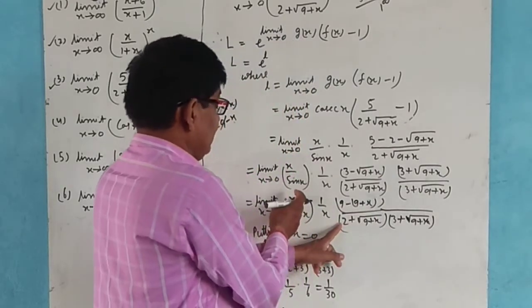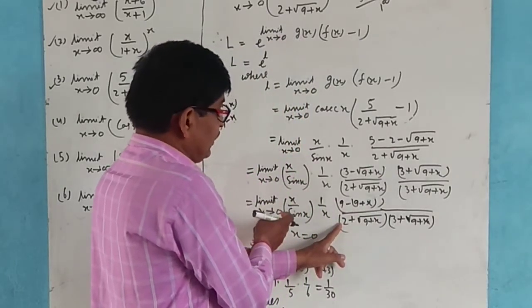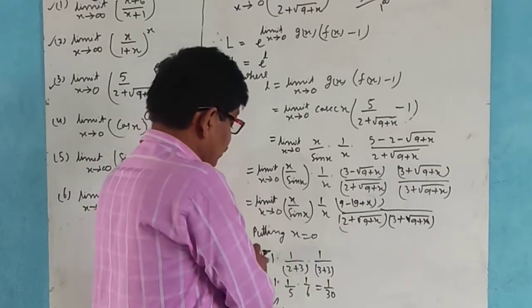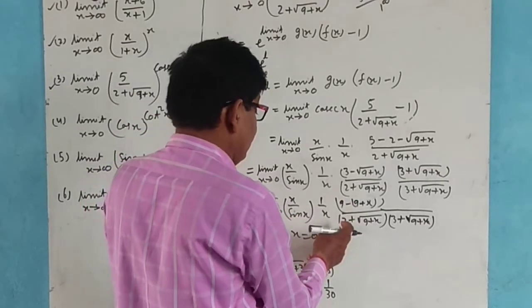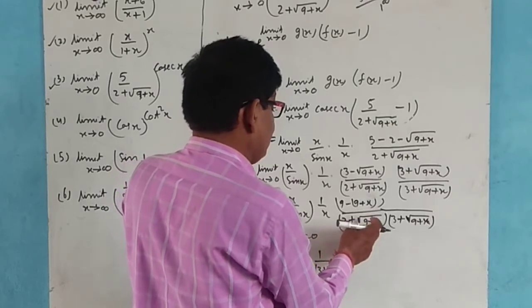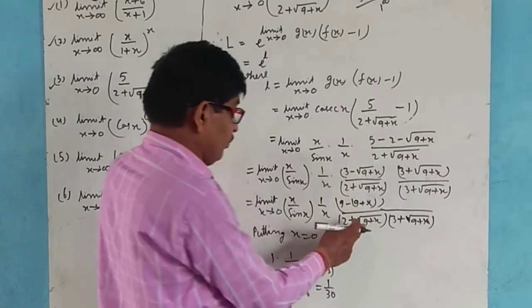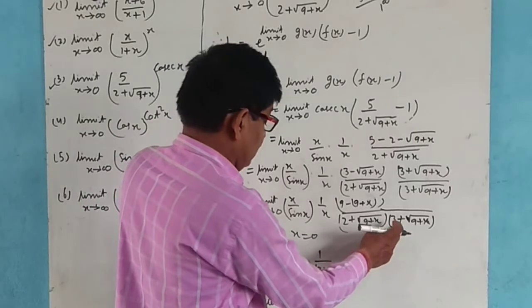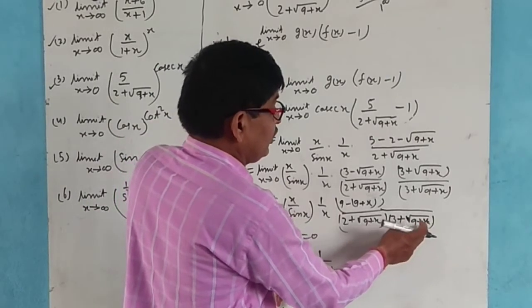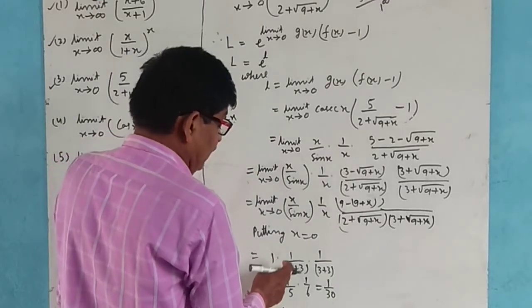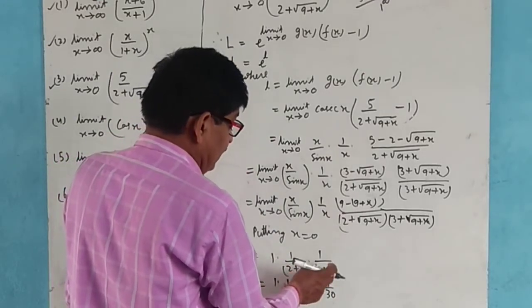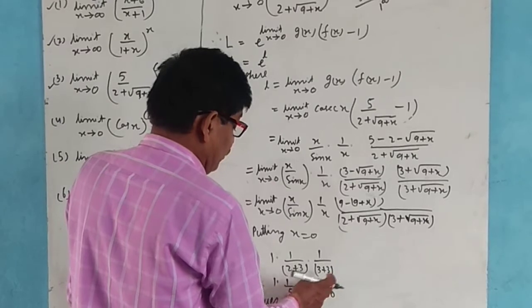Putting the limit x tends to 0, sin x by x equal to 1, so that we write here 1, this is removed, and this is equal to 2, and x equal to 0, root 9 equal to 3, and here 3, and this is 0, root 9 equal to 3, 1 and 2, 3, 5 and 1 by 6.